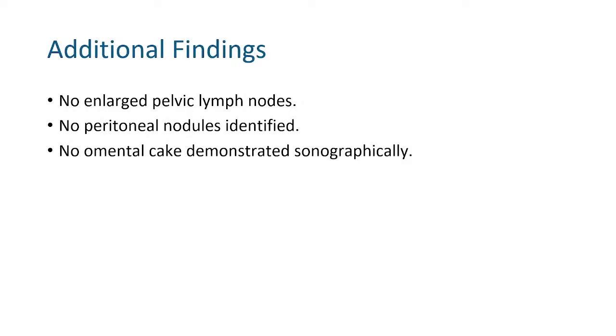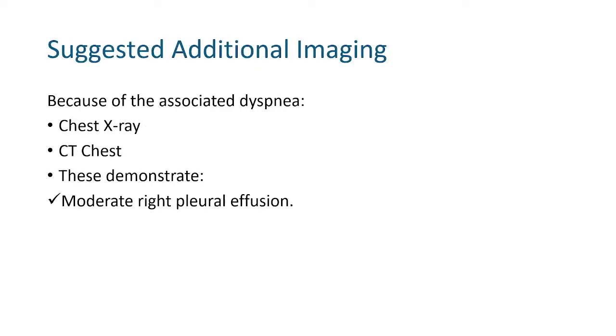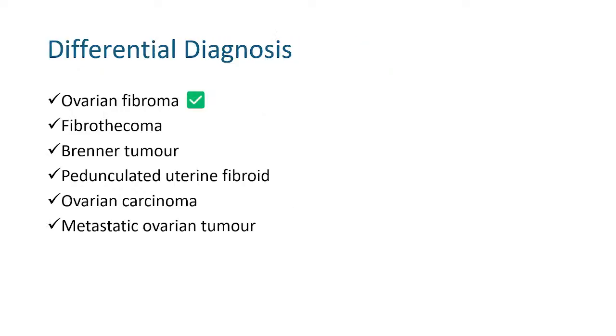Additional findings: no enlarged pelvic lymph nodes, no peritoneal nodules identified, no omental caking demonstrated sonographically. So suggested additional imaging: because of the associated dyspnea, chest X-ray, CT chest. These demonstrate moderate right pleural effusion.